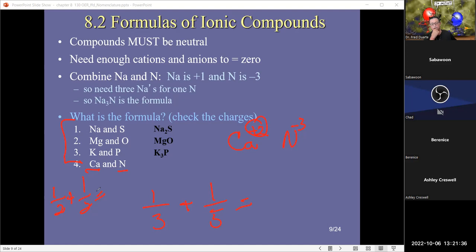Isn't that equal to 1, right? 2 halves equal 1. But we can't do that here. This would be incorrect to say 2/8, right? We can't do that.